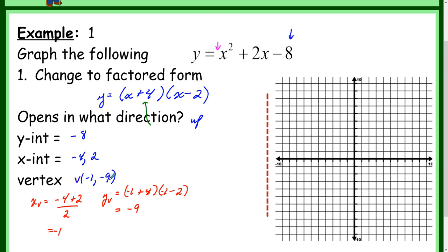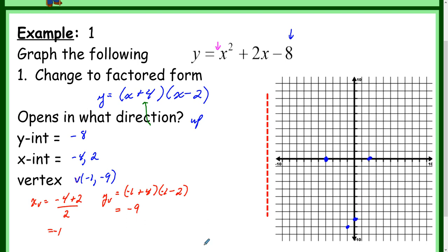So I got my vertex, which is going to be -1, -9, so -1, and then 1, 2, 3, 4, 5, 6, 7, 8, 9 down to here. We've got our x-intercepts at -4 and 2. And then we have a y-intercept of -8, which is right there.